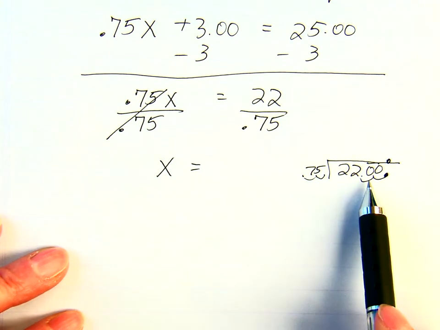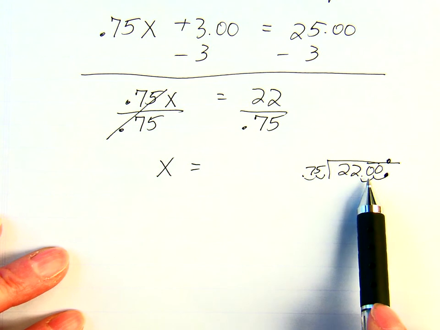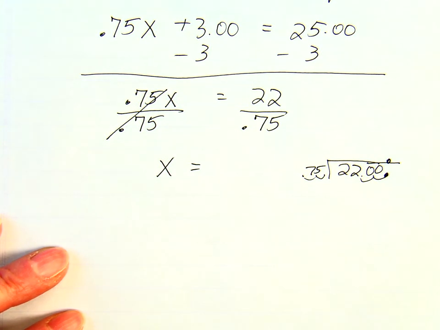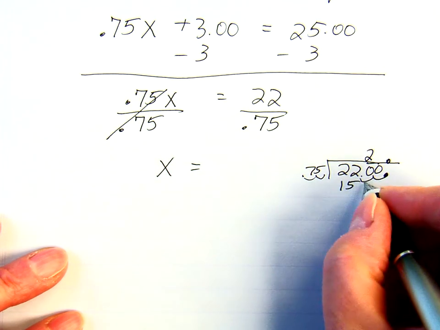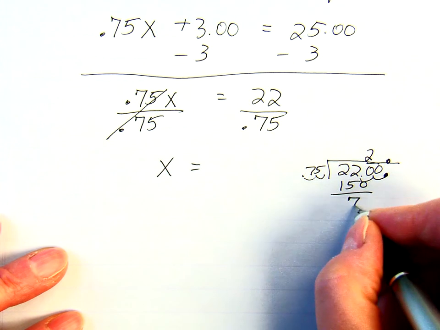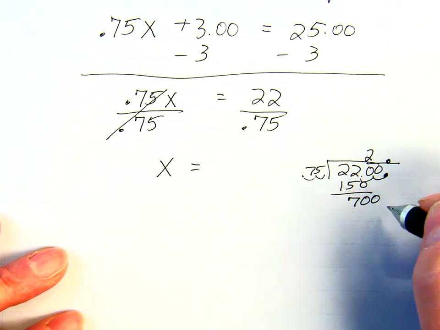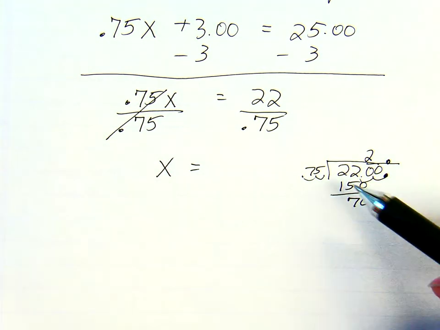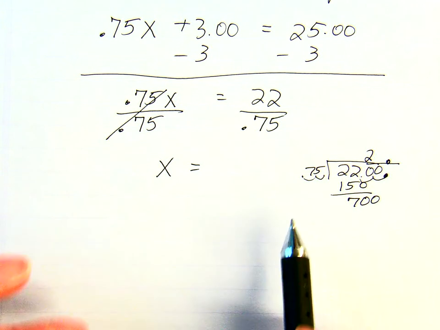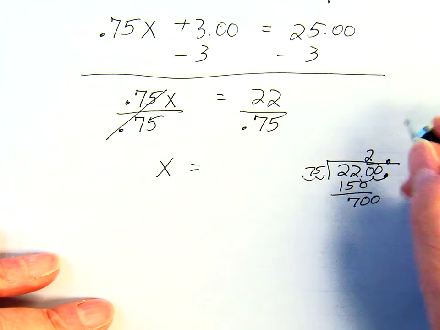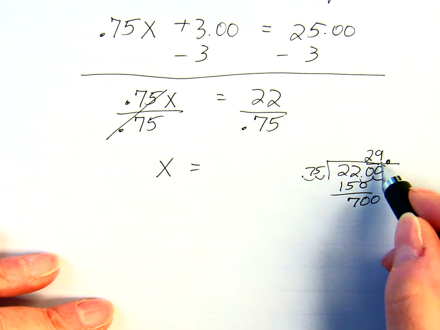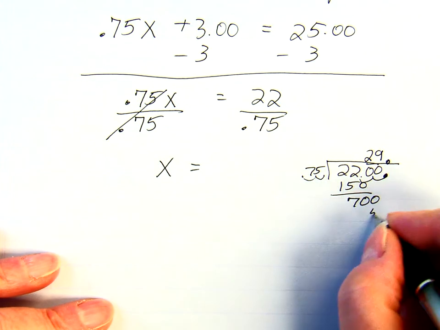75 will go into 220. Well, we know 75 times 2 is 150, and times 3, that would be 225, so it only goes in here twice. And there's my 150, and there's my 70 left, bringing down the next 0. So I know that I can't do this times 10. Certainly that's not going to work. So we're going to make this times 9. 9 times 5 is 45.